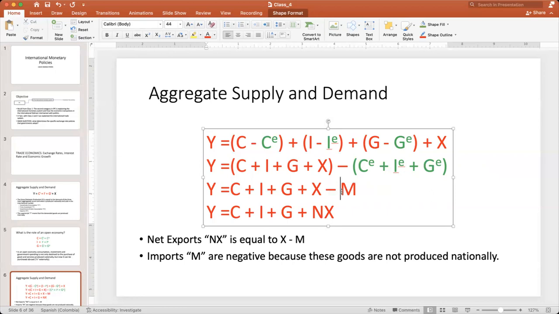So that's why imports are introduced in the GDP with the negative sign. If we subtract the imports from the exports, we get the net exports. So basically, if the net exports are positive, it's because our country is exporting more than it is importing. But if the net exports are negative, it's because our country is importing more than we are exporting.